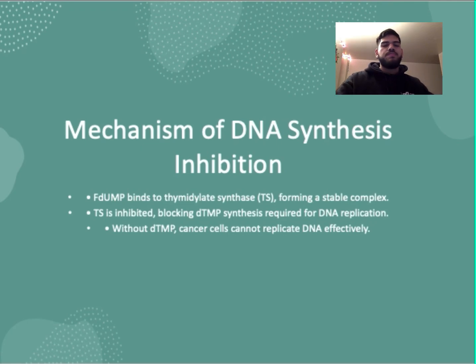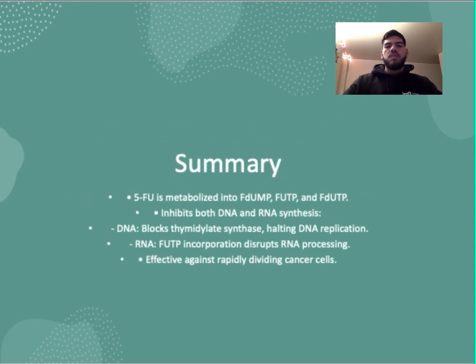To summarize, 5-FU is a powerful chemotherapy drug because it targets two critical processes in cancer cells: DNA and RNA synthesis. Its metabolites FdUMP, FUTP, and FdUTP work together to inhibit thymidylate synthesis, disrupt RNA processing, and damage DNA.